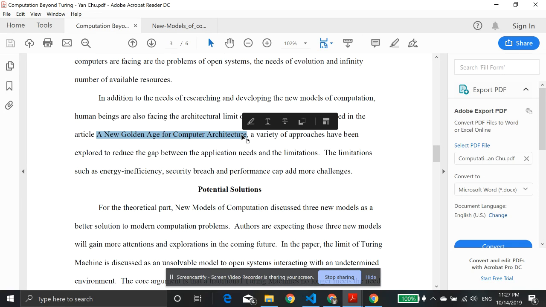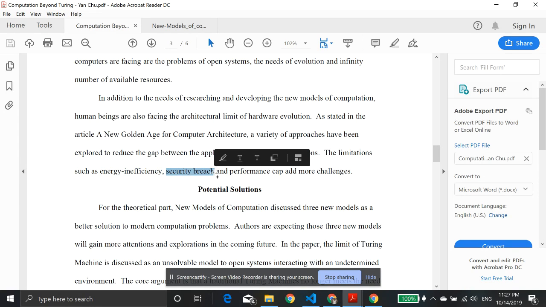But entering into the 2020s, we are facing the limitations of hardware design, which can barely improve the performance very well given the needs of energy efficiency, such as in a mobile device, or the limitations of security breaches, such as in cloud computing, and the performance gap.